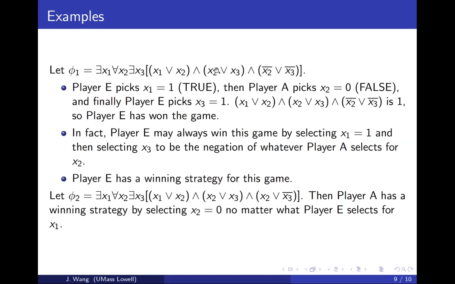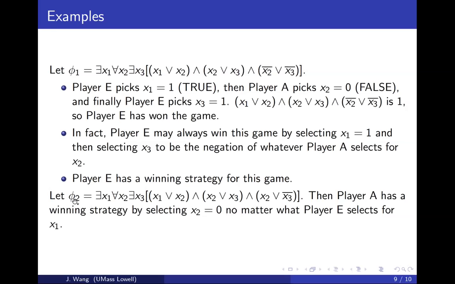But of course, when it's the turn for player E, he can pick x3 to be true. In that case, after you strip off these quantifiers, the formula under that chosen assignment x1 = 1, x2 = 0, and x3 = 1 evaluates to true. So of course E wins in this game.